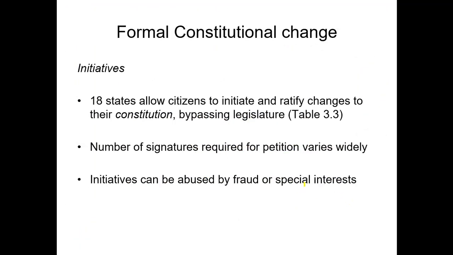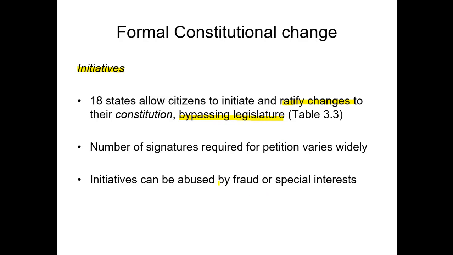And there's another way in which the people can get more involved in changing the Constitution, and this is through the process of initiatives. 18 states have this process that allows citizens to initiate and ratify changes to their Constitution, and therefore they are bypassing their state legislature.